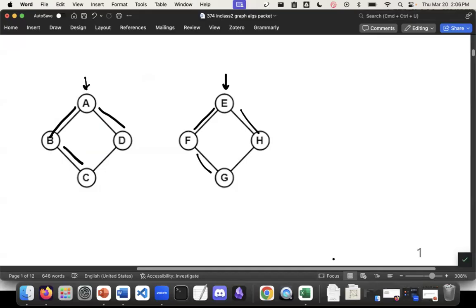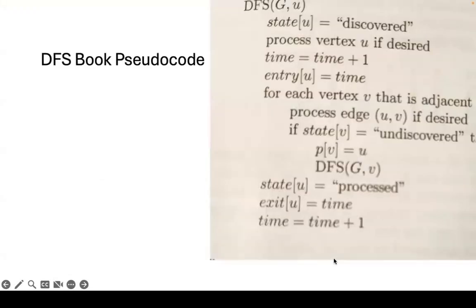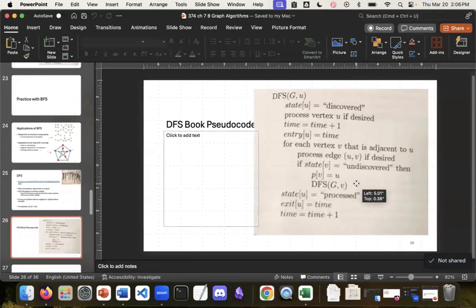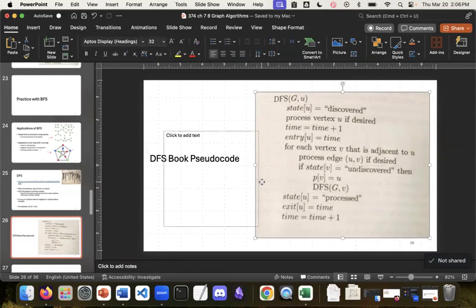All right, let's keep going. I'm not a big fan of the book pseudocode, but I have it here in case. I don't think this is oriented well.